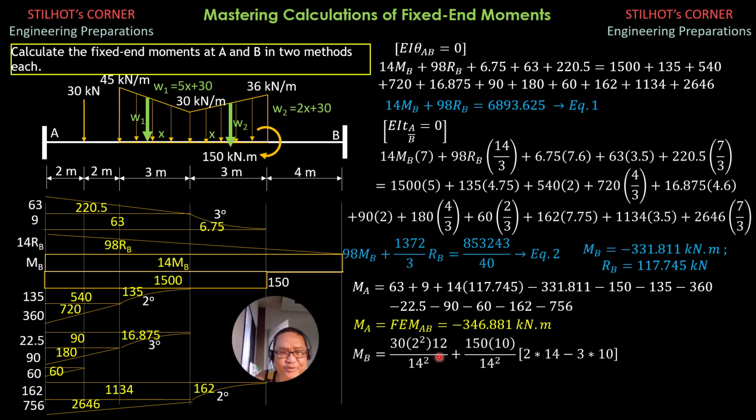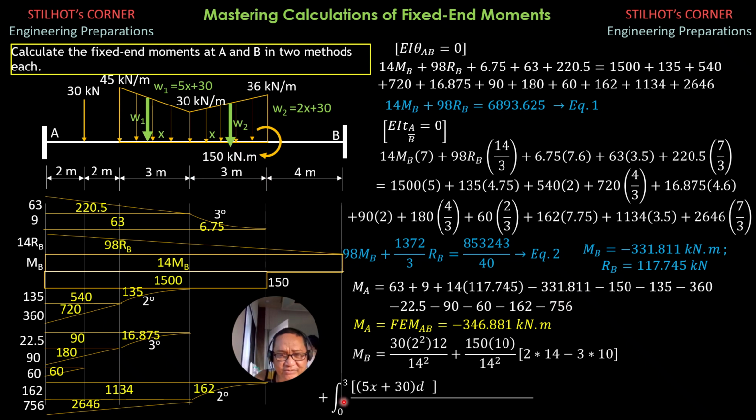So this is due to the load, so this is expected counterclockwise at A, clockwise at B. Remember the effect of the load. So for this loading here, integral of W1, which is 5x plus 30 dx from 0 to 3, then since it is moment at B, this is treated A, distance from B is A, which is 7 plus x, while B is this distance 7 minus x, quantity square over L square, 14 square.